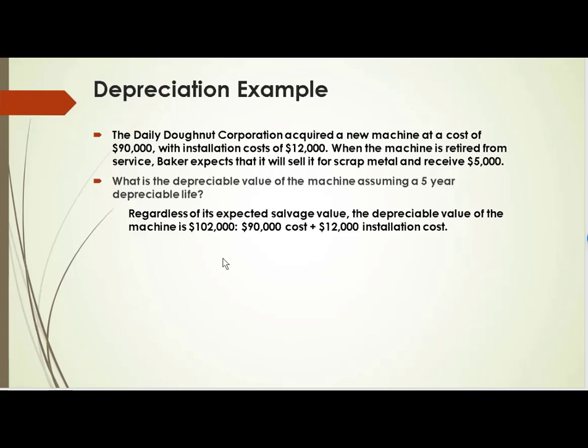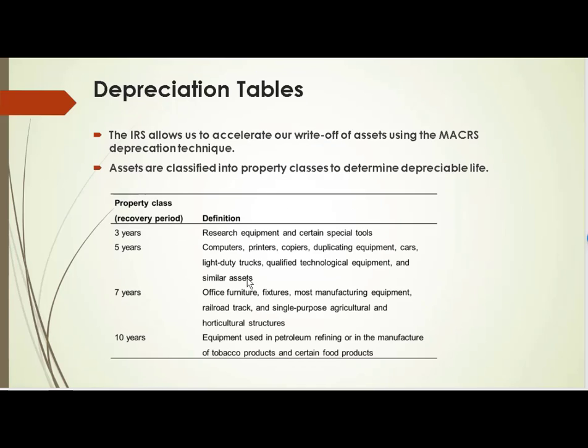Well, regardless of a salvage value, we don't need that for this question. It's just the cost of the asset plus the $12,000 installation cost. So we'd be able to depreciate this asset over the 5-year depreciable life, and we'd be able to depreciate it $102,000.